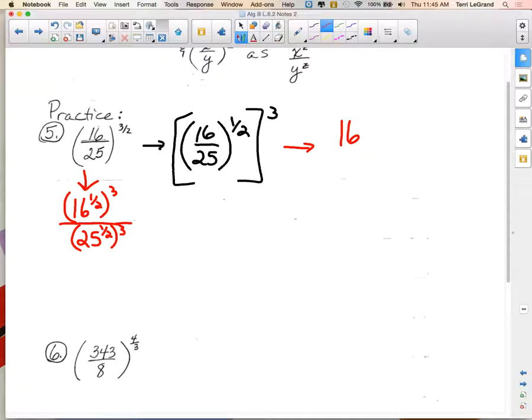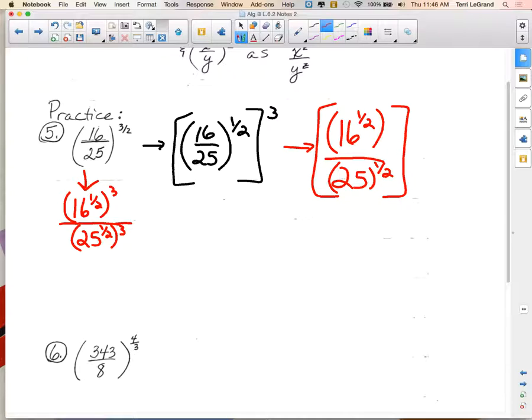So 16 25ths to the 1/2 power says each of these is going to get their own 1/2 power. Give the numerator that power, give the denominator that power.